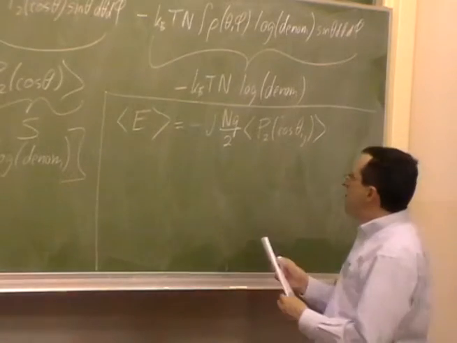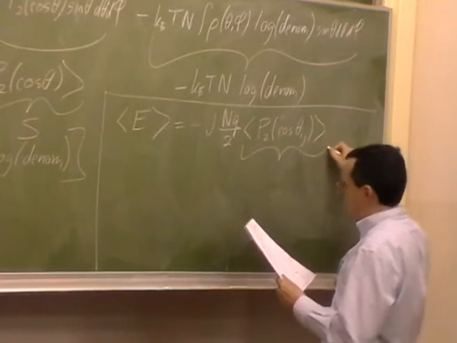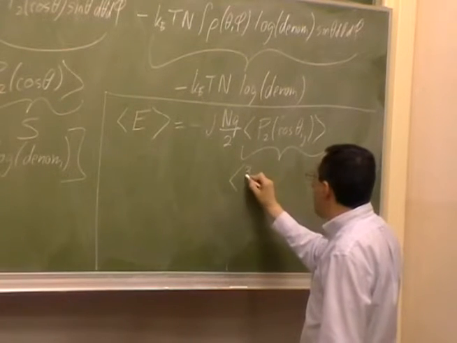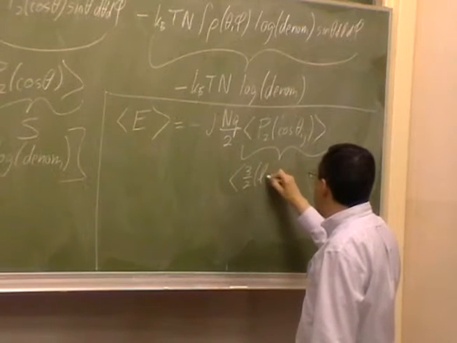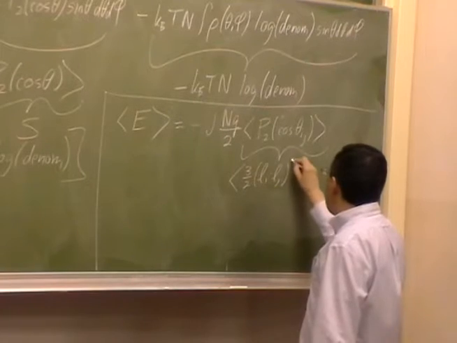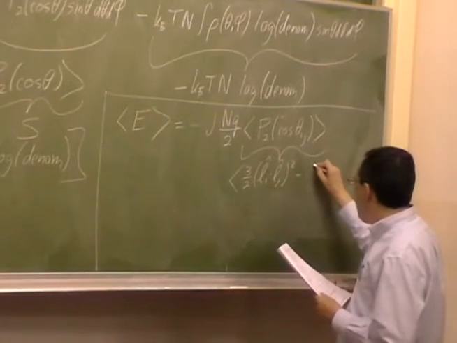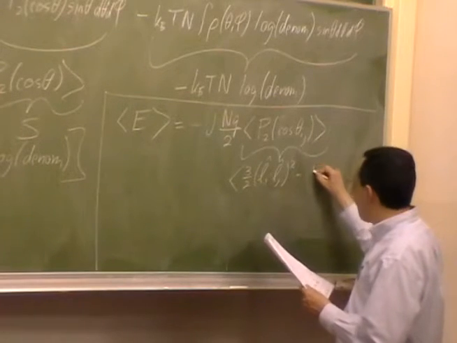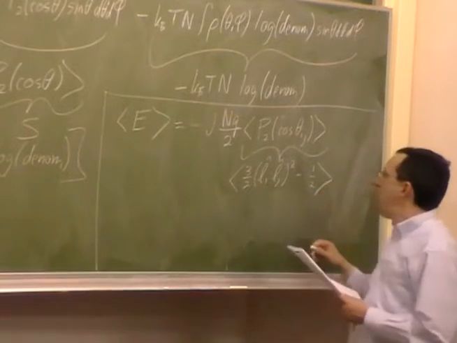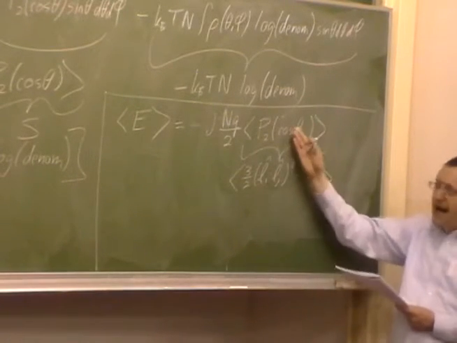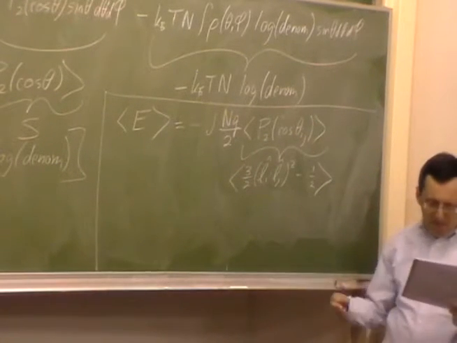Okay, this average is what? Well, it's the average of 3/2 (Li dot Lj) squared minus 1/2, because this dot product is the cosine of the angle between them.